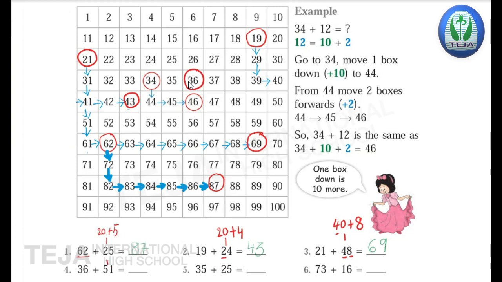So 51 means how many tens? 5 tens plus 1 ones. So 5 is in tens place, 1 is in ones place. So you have to move down 5 boxes. Okay. So from 36 you have to move down 5 boxes.